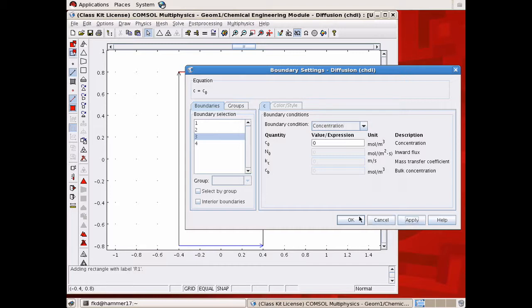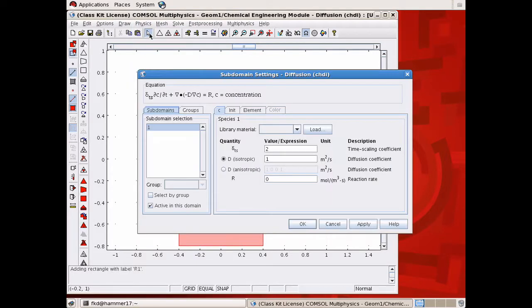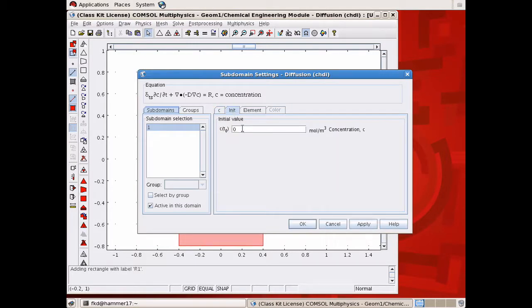It's going to need initial conditions, I guess. It's going to take initial conditions of 0 if we don't supply them. So, subdomain settings, right? Initial conditions of 1.